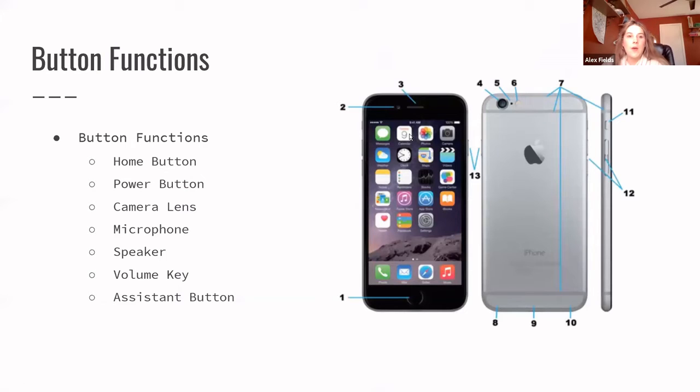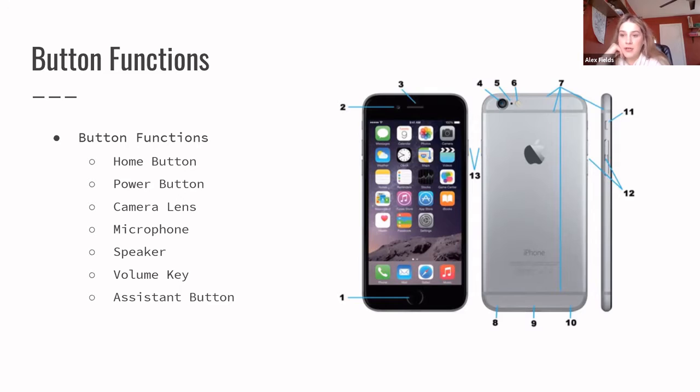So to begin, we are going to talk about button functions. Your phone has a million different buttons on it, and I know it can be a little bit confusing. So depending on the iPhone that you have, your home button will look a little different. So I have a newer iPhone here, and my home button is this bar, and I can lift up or pull down my screen that way.